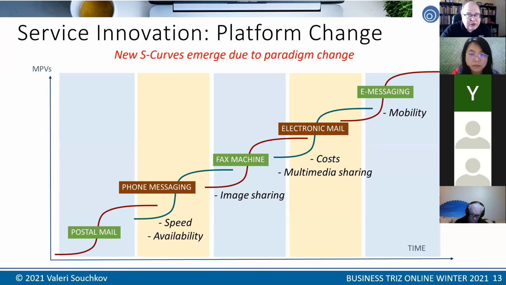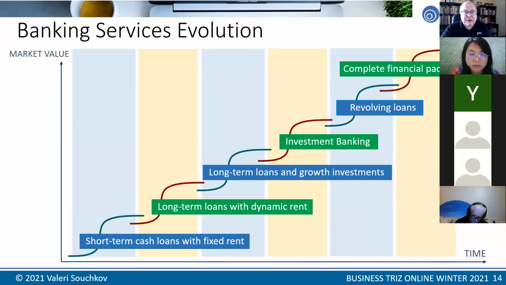However, when you speak about business systems, we have one integral parameter for each business system, which is called market value, which makes it easier to evaluate the S-curve jumps and also to do benchmarking between different competing systems and so forth. So if you look at this slide, you see how the banks, it's a very rough picture, were evolving.